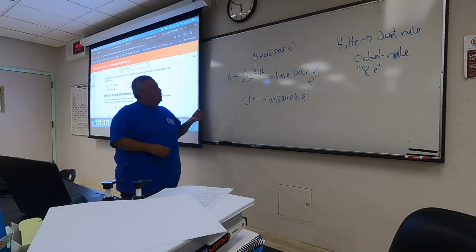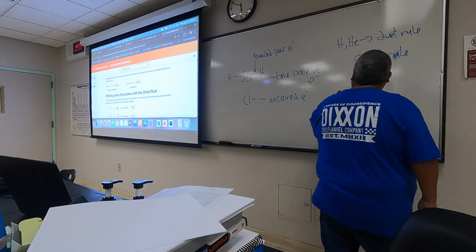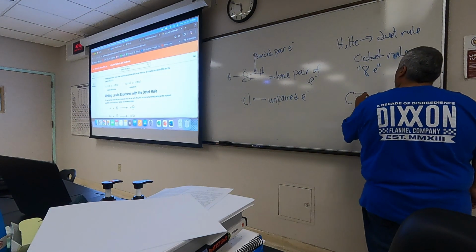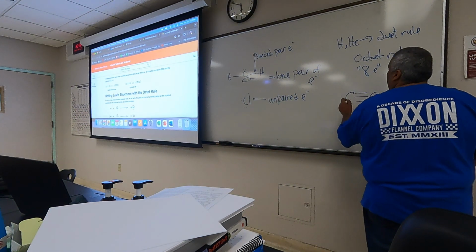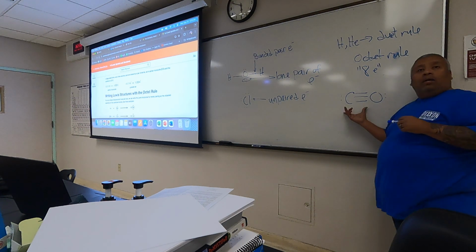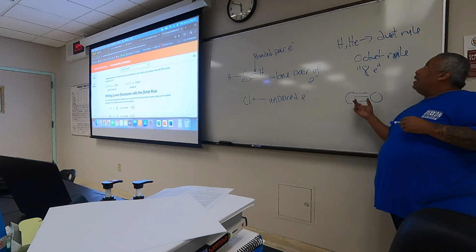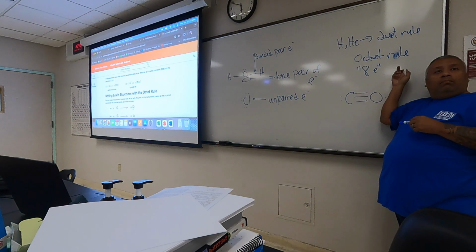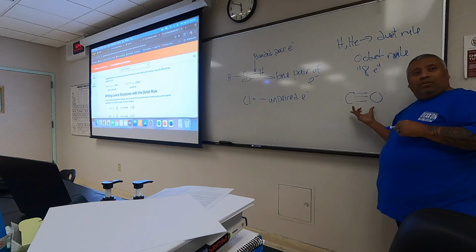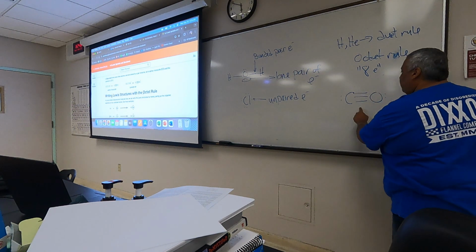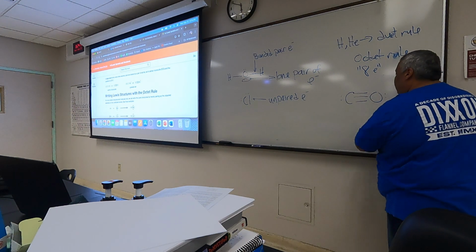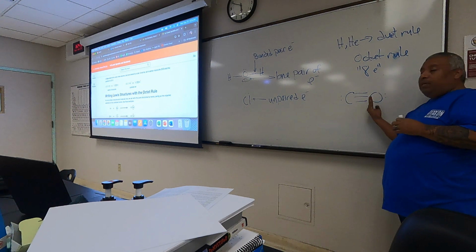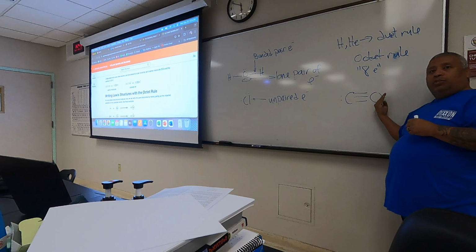So we understand those electrons and this octet rule. It's not hydrogen or helium, so we need to fill the octet rule. Because they're sharing electrons, all of these electrons here, 2, 4, 6 electrons here, are being shared between carbon and oxygen.